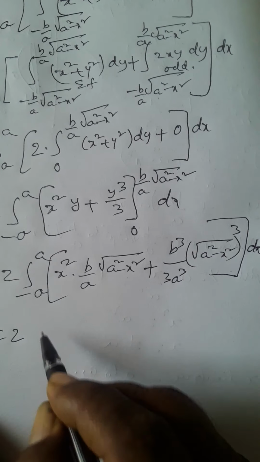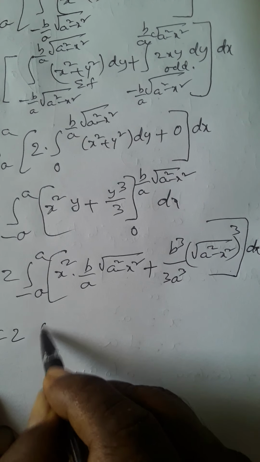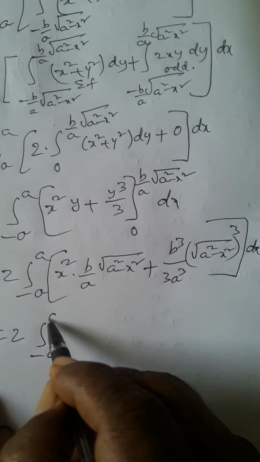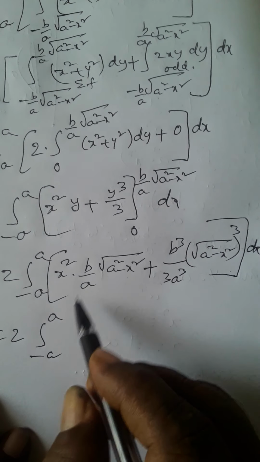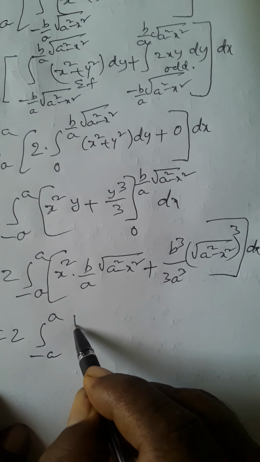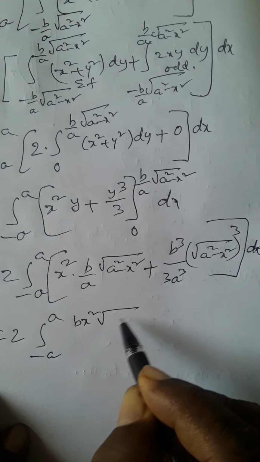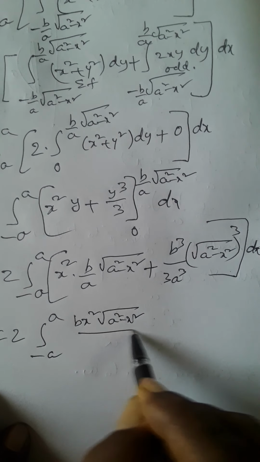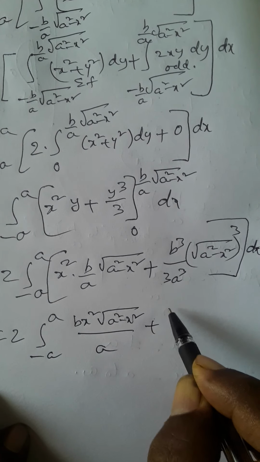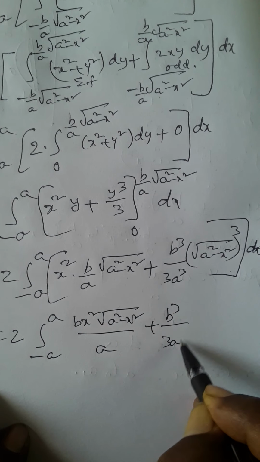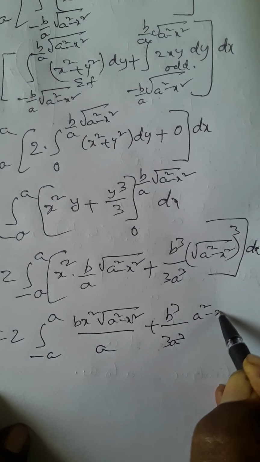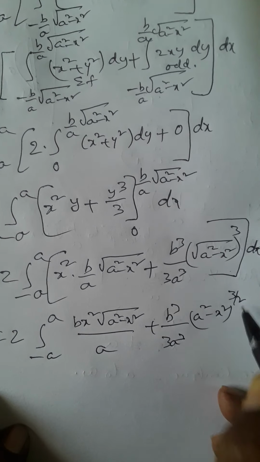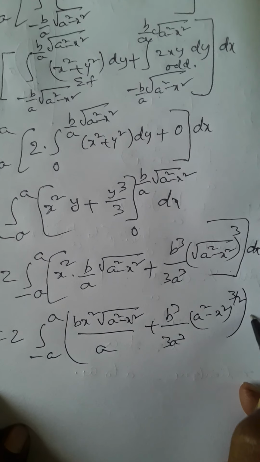Is equal to integral minus a to a of (b x square root of a square minus x square by a plus b cube by 3a cube times (a square minus x square) whole power 3 by 2) dx.